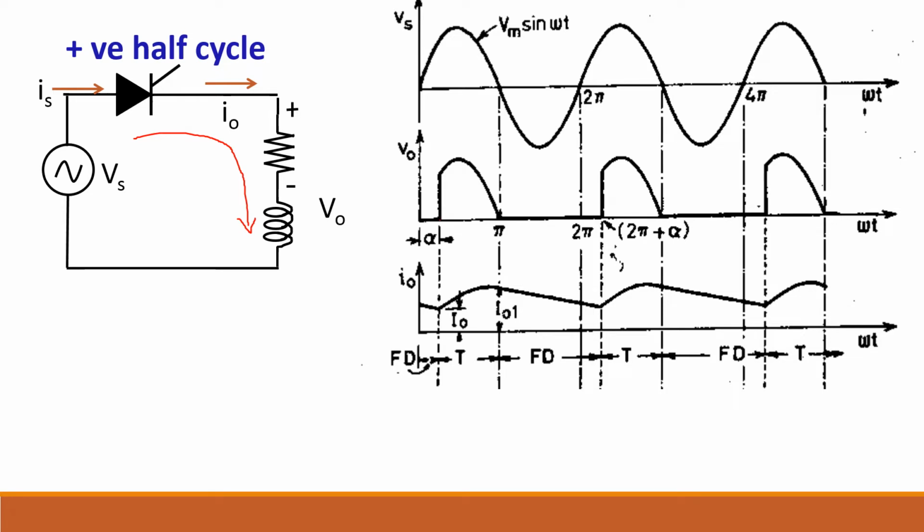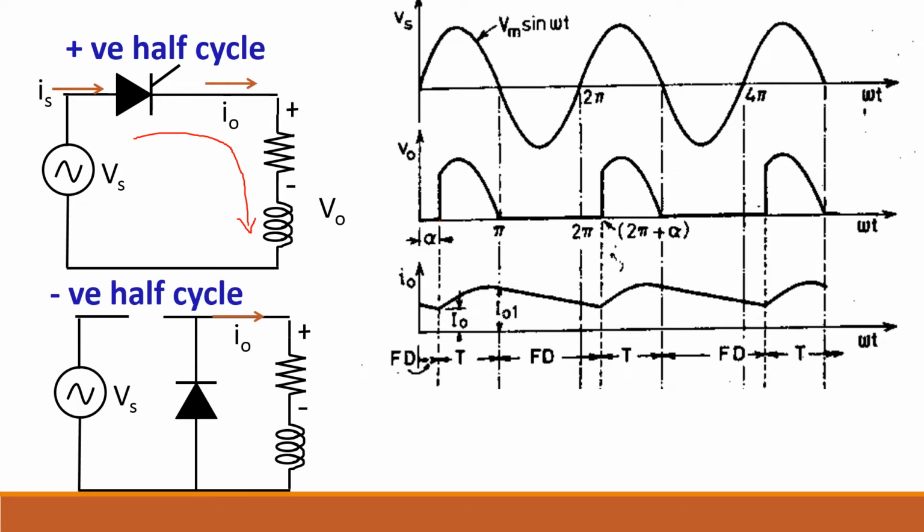So from alpha to pi, you will get the voltage V0 equal to supply voltage Vs. During negative half cycle, the output is shorted by the diode. So output voltage is 0. So you can see output voltage is 0.